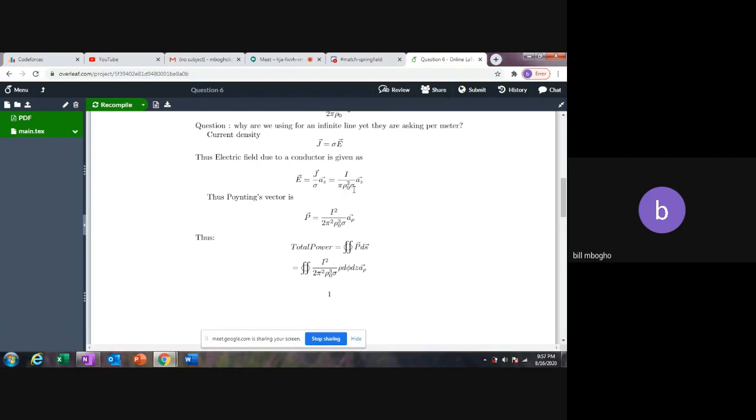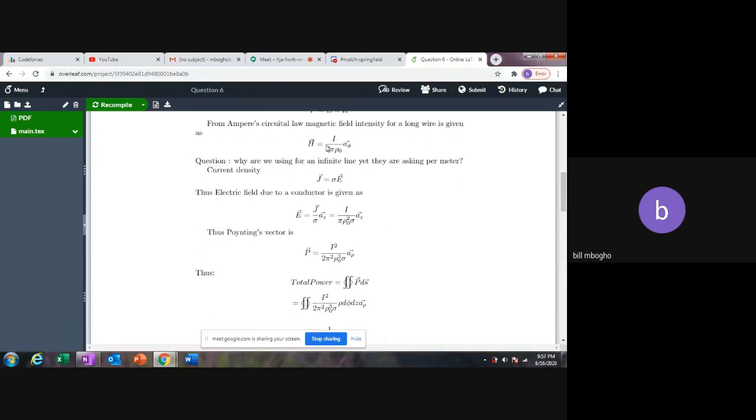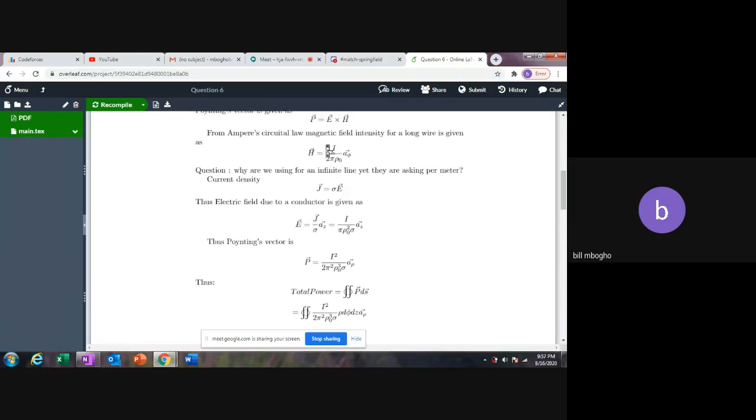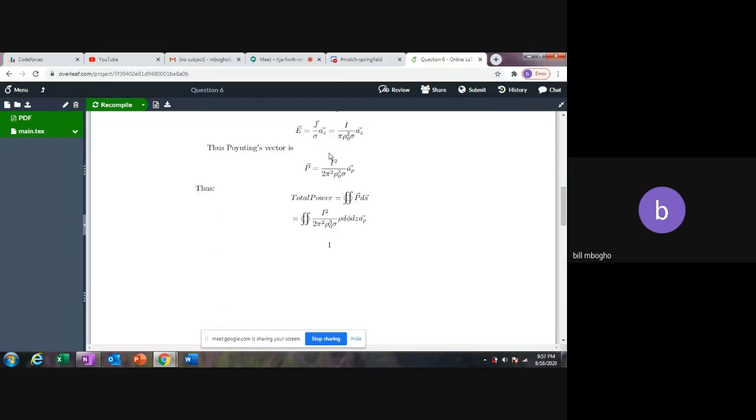That's why you should have started with it instead of starting with the H. Yeah, so now we have E and H. Now we go to step 3, which was actually step 1, which was not step 1. This is actually the ending of part 1, section 1 of the solution: getting P, the Poynting vector.